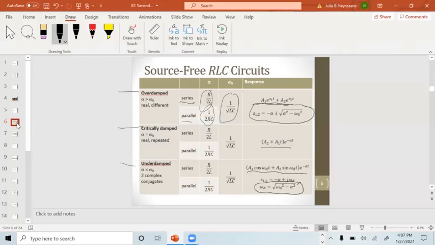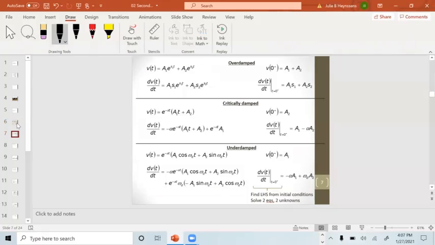Then we move on from there. To get A1 and A2 in those equations, you're going to have to figure out the initial conditions: the v or i at 0 plus, and the rate of change of v or i at t equals 0 plus.